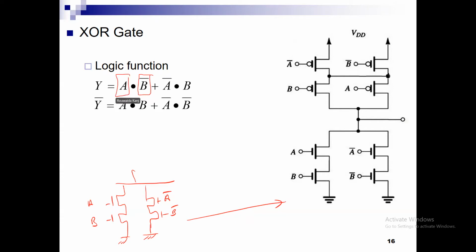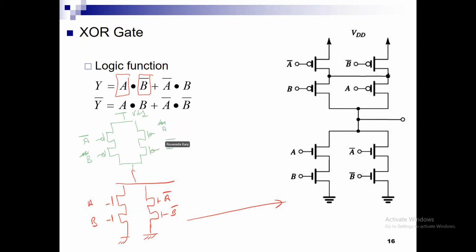So I can draw A in series with B bar, and A bar in series with B. Since I have a PMOS device, it is inverting, so I have to bubble and invert. We remove this bubble, remove this bubble, and put a bar on the input.